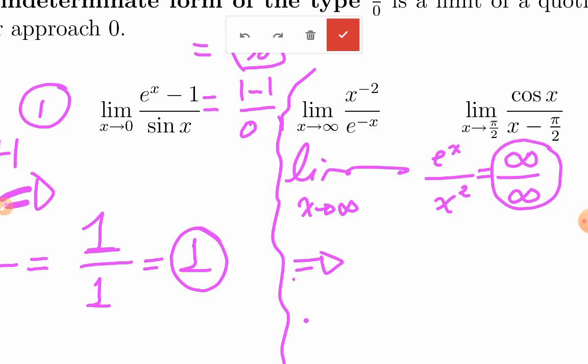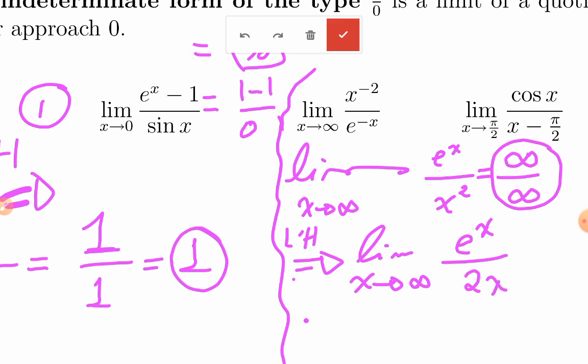So quickly differentiate and apply the L'Hopital's rule to find the limit value: the derivative of e to the power of x again, which is e to the power of x, all over the derivative of x squared, which is 2x. So we have infinity over infinity.